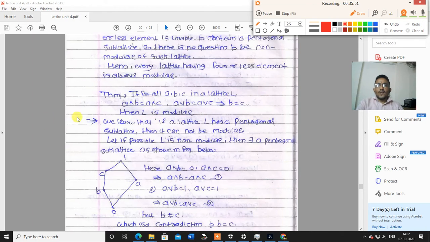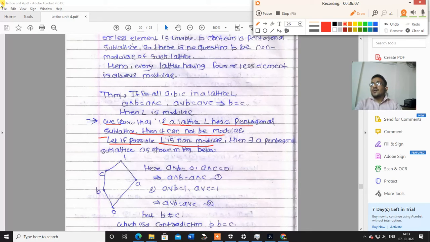So let us first of all assume. We know that if a lattice L has a pentagonal sublattice, then it cannot be a modular lattice. आपण मागे बघितलेलं आहे. So assume that L is not a modular lattice.